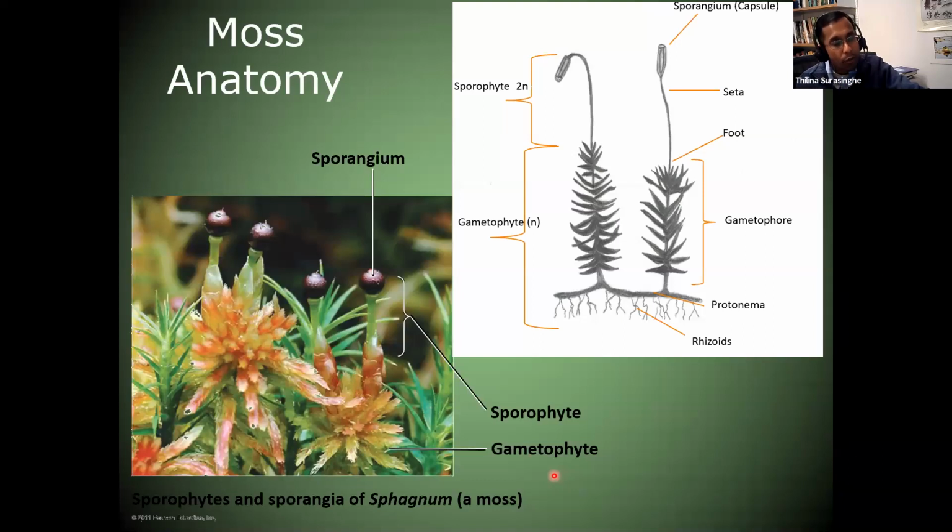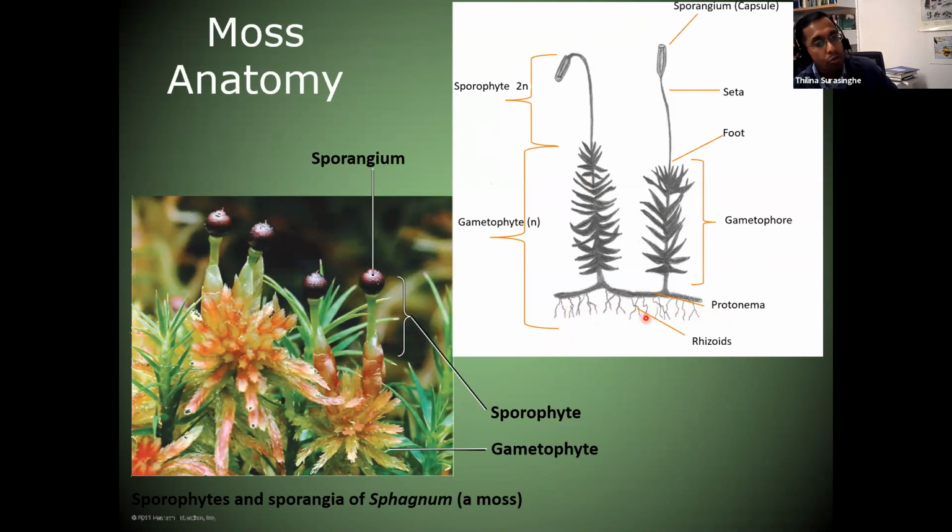Now let's again revise this moss anatomy, because there are a lot of words that I want you to understand. Let's look at this diagrammatic picture first. The below-ground part is the rhizoid. The rhizoid helps to anchor the entire plant to the substrate, and extends vertically into the soil, or sometimes even into the rock.